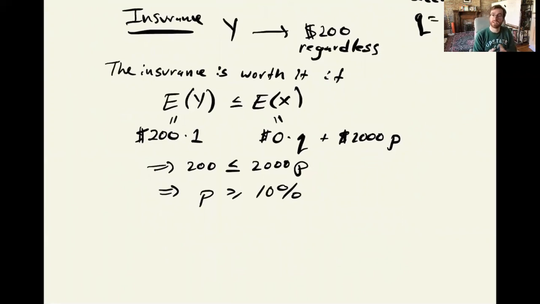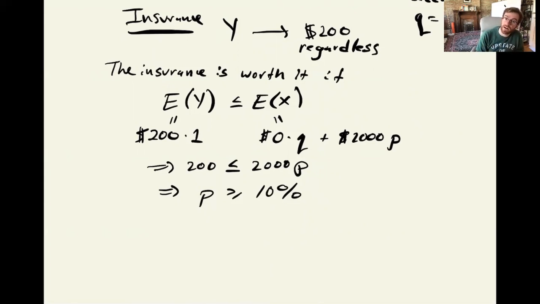So that means that if you personally have more than a 10% chance of getting in an accident, then you should buy the insurance. But if you're confident in your driving abilities, and you don't think it's that high, meaning your chance of getting into an accident is maybe 1%, then with expectation, you could actually save yourself the money and not do it. But of course, if you don't have the capital to cover such an accident, then that could be ruinous, and maybe you just want the peace of mind.